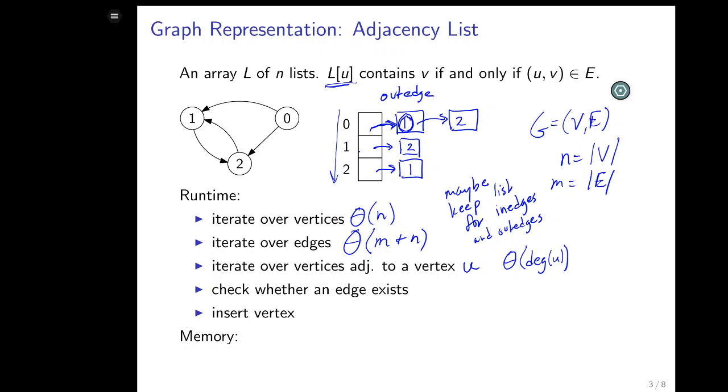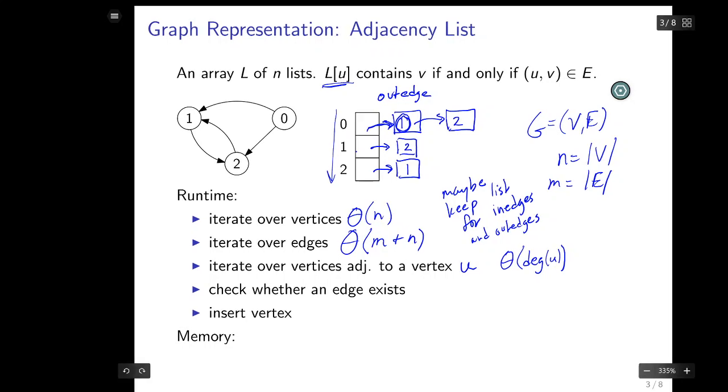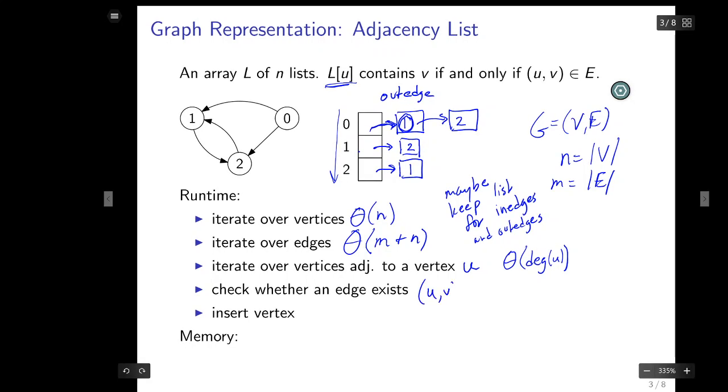And what about checking whether an edge exists? How much time does that take? If I ask you, does the edge UV exist in this graph? How much time would that take?